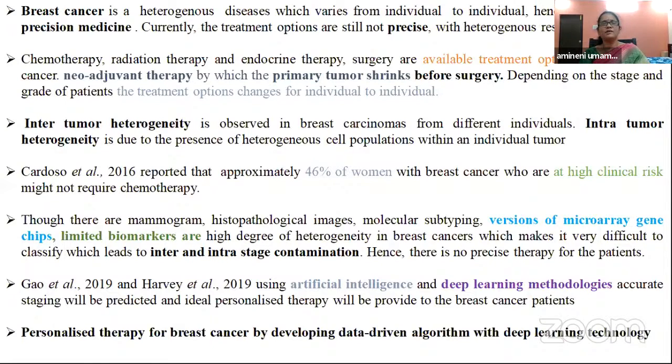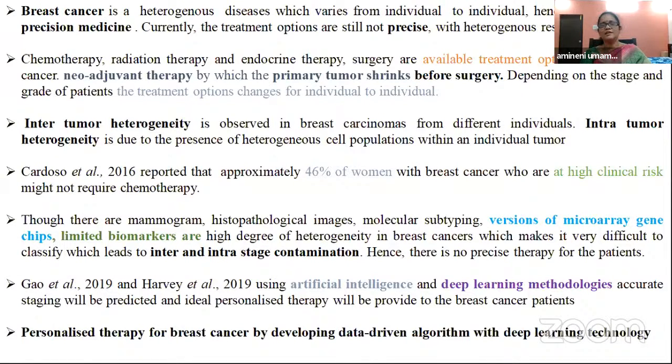This confusion is only because heterogeneity is present, and also there is confusion in the classification, like stage 1, stage 2, and stage 3 A, B, C. There are different therapies for different stages, so there is confusion, or some clarity is missing.